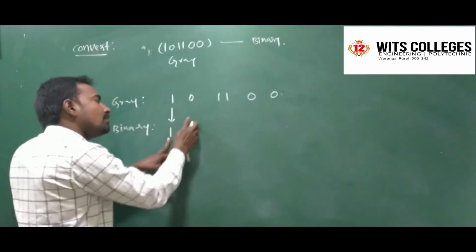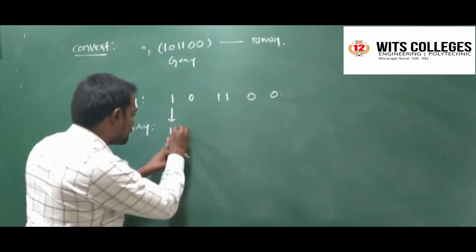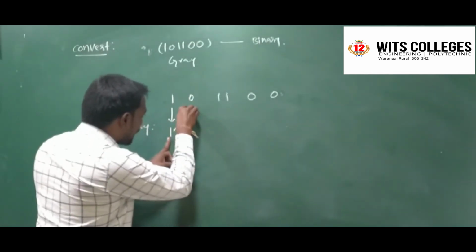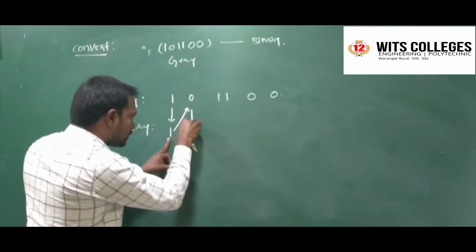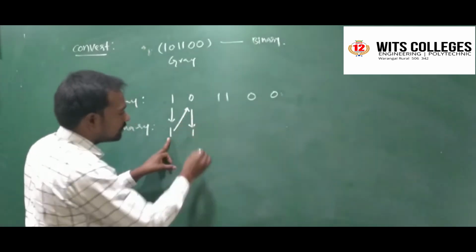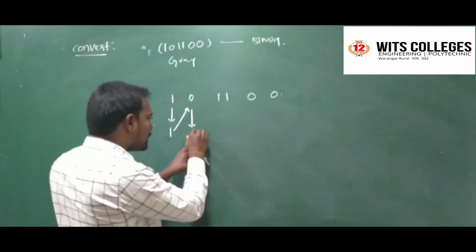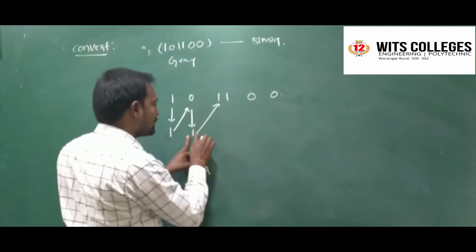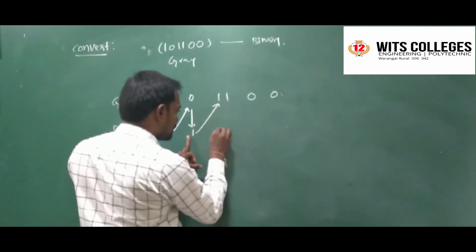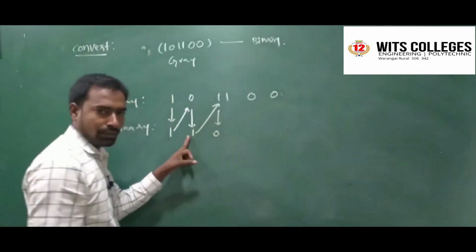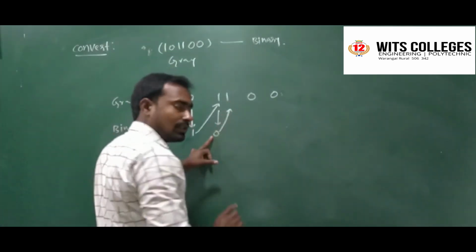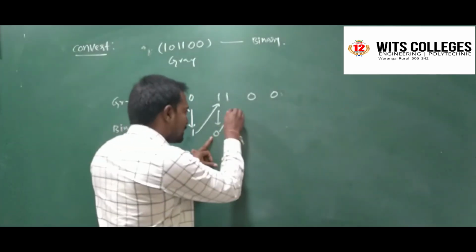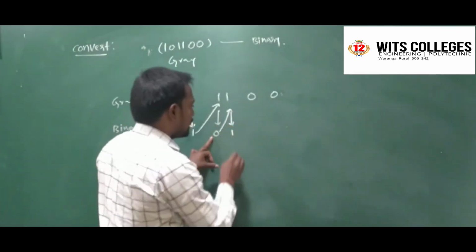This 1 is added to the next digit: 1 plus 0 is 1. This 1 is added to the next digit: 1 plus 1 is 0. This 0 is added to the next digit: 0 plus 1 is 1.